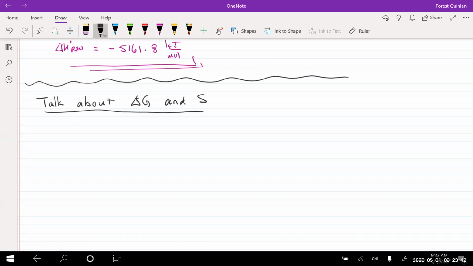So delta G. This is the Gibbs free energy. Sometimes just free energy.